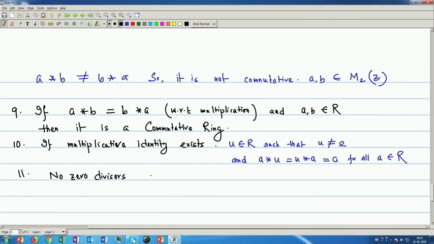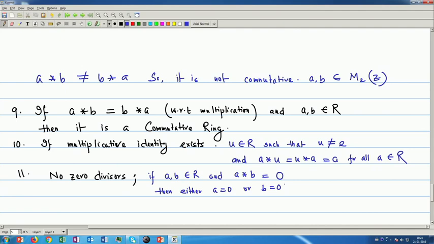That means, if A, B belong to R and A star B equal to B star A equal to 0, then either A equal to 0 or B equal to 0.